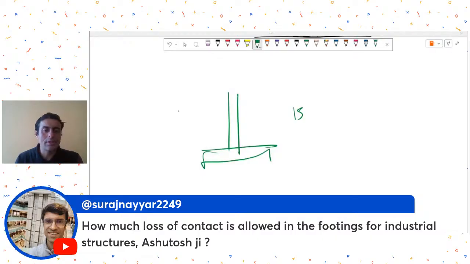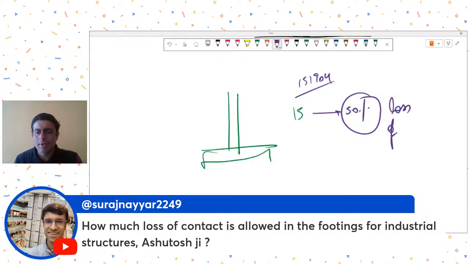Although I'm not sure whether it's the same code number, usually it says that not more than 50% loss of contact shall be allowed. I think IS 1904, you may check.